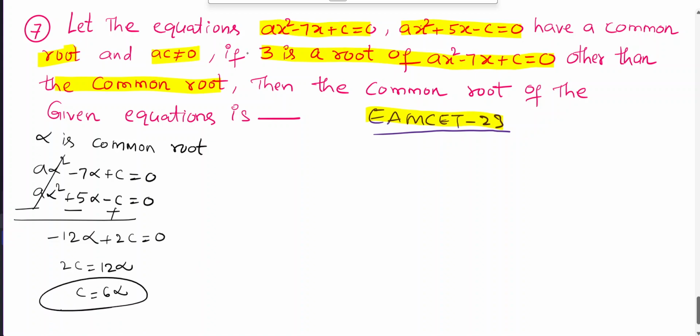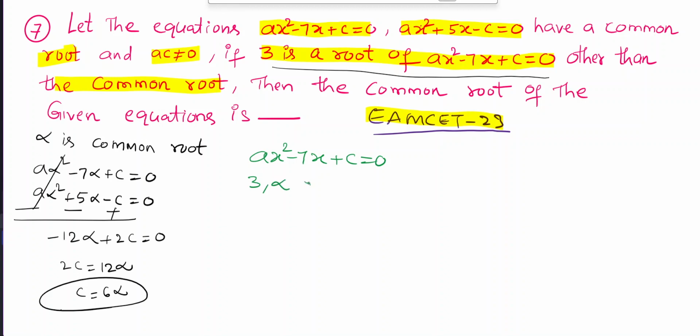And another condition is given, that 3 is a root of ax square minus 7x plus c is equal to 0. Here the given equation is ax square minus 7x plus c is equal to 0. 3 is one root and take alpha is another root. For this equation 3 comma alpha are the roots.